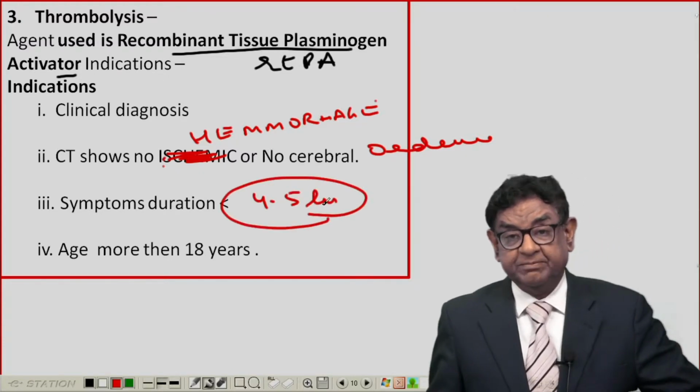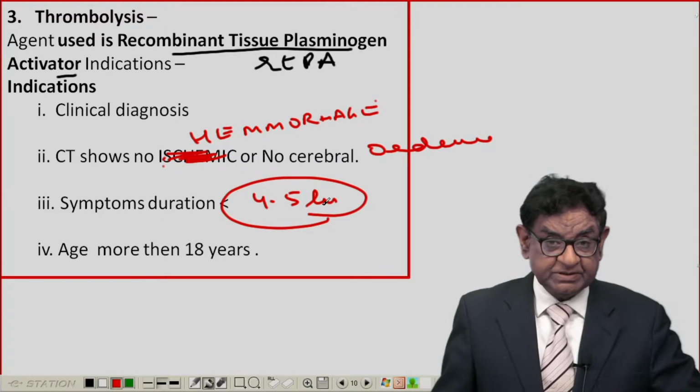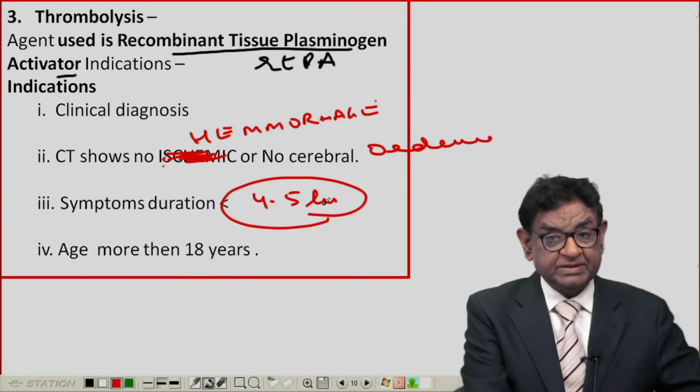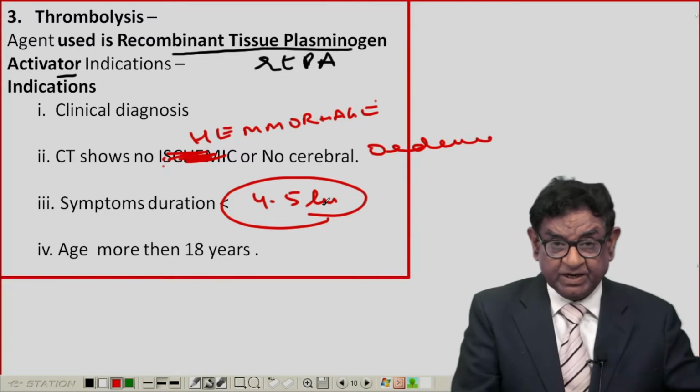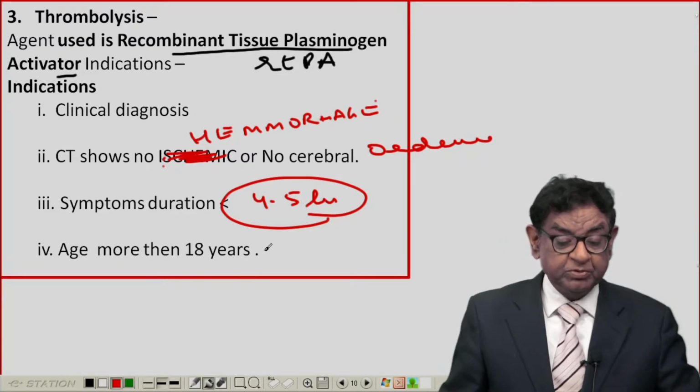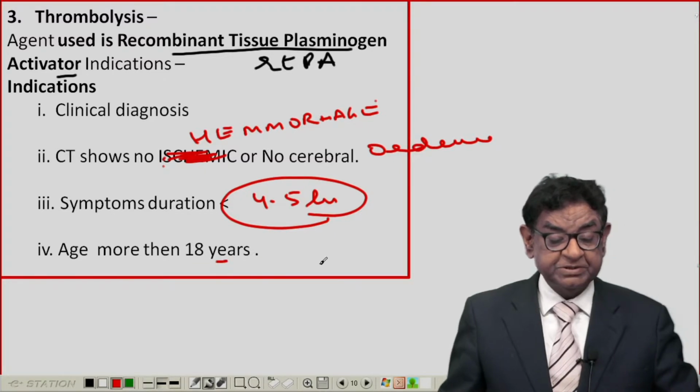This is the recent update. Previously it was 3 hours; now 4.5 hours is the time within which we can go for thrombolysis. And age should be more than 18 years.